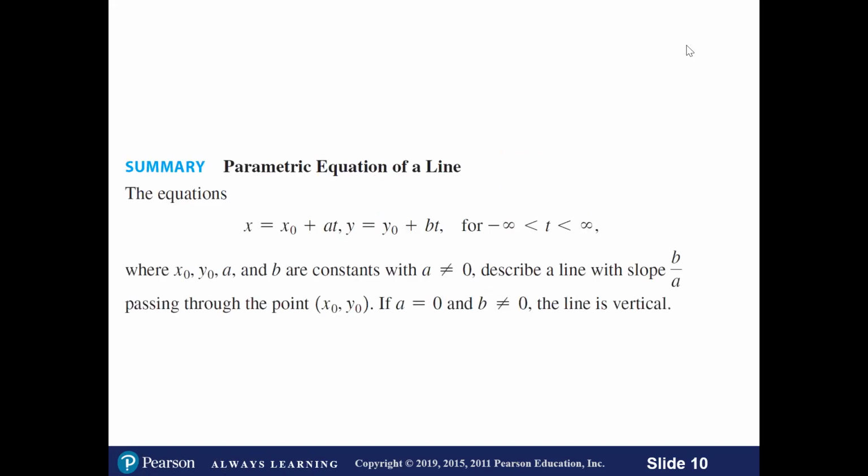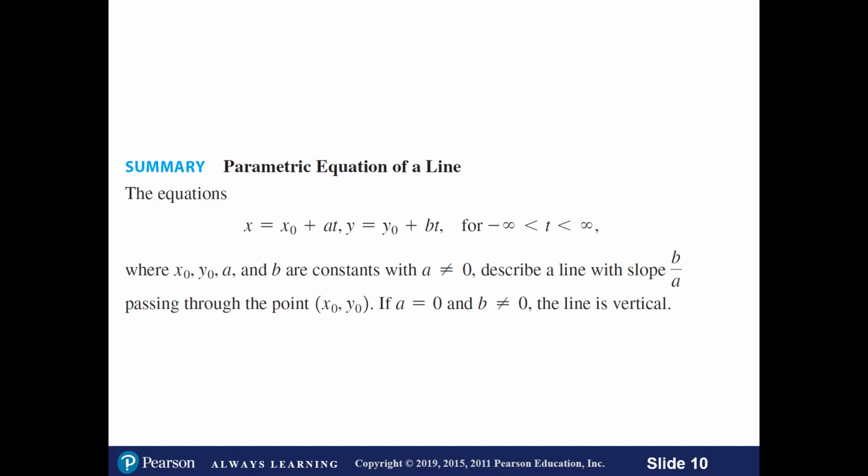One of the most important types of parametric paths that we have, one of the most fundamental and basic, is a line. So the equations: x equals x naught plus at, where x naught is a constant, a is a constant, y equals y naught plus bt, where b and y naught are constants, and t can range between negative and positive infinity, or any part thereof.